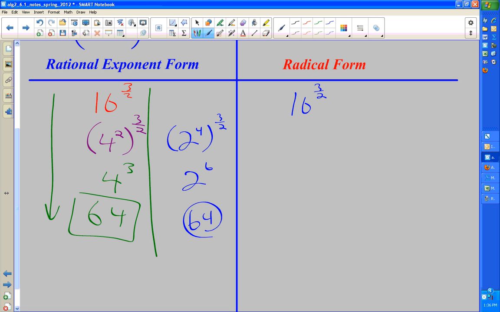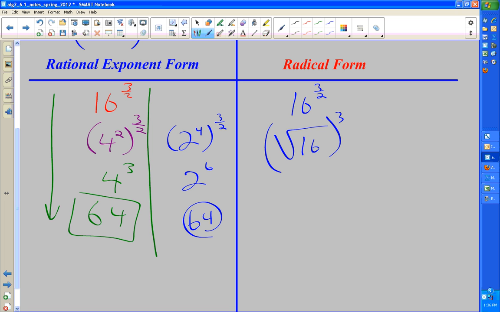Don't forget your basics. The square root of 16, you want the third on the outside. Nobody puts a 2 here. We talked about this. Have you ever put a 2 here? No. Why?